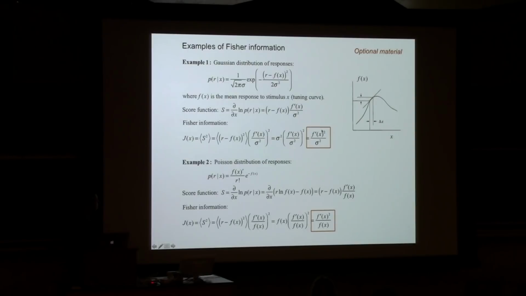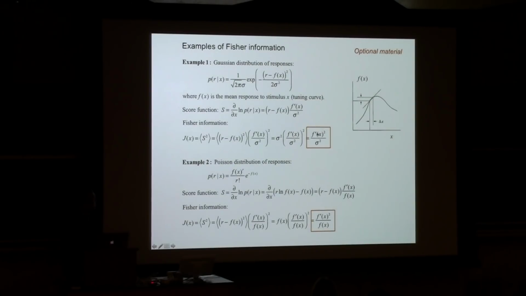Let's see the tuning curve. Prime means the derivative, squared. So first, take the derivative and square it, divided by the variance of the noise. So you see, the Fisher information is higher when the derivative is high.